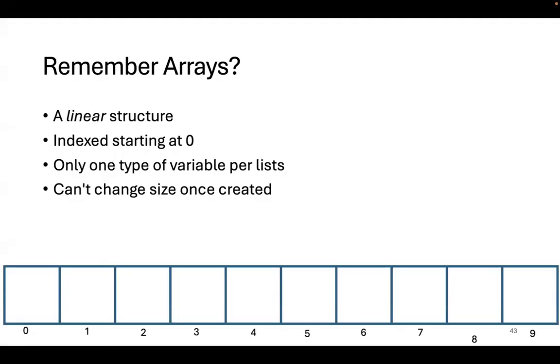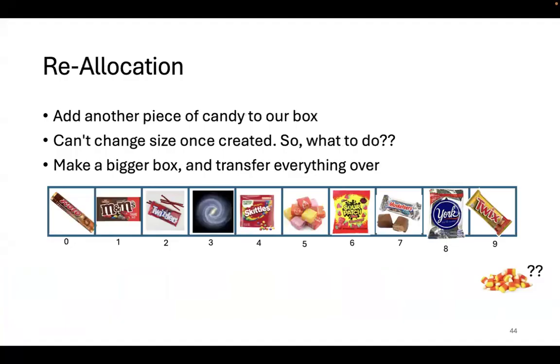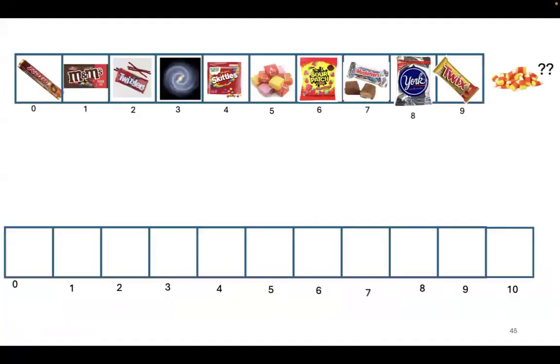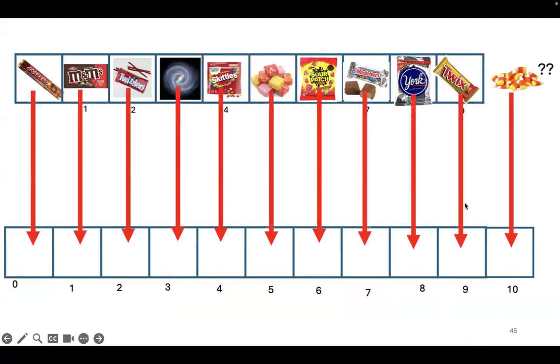And then we went over something that you'll need for lab 2, which is array reallocation, which is where arrays have some fixed size as we go. And if that fills up, and we need more space, we can't just add one spot to our array. We've got to start from scratch, make a bigger one, copy everything over. So that's the idea here, where we make a bigger box and then we copy all the old ones over.